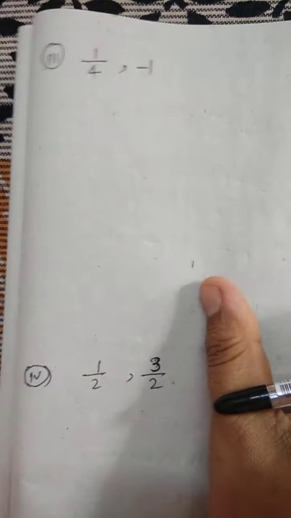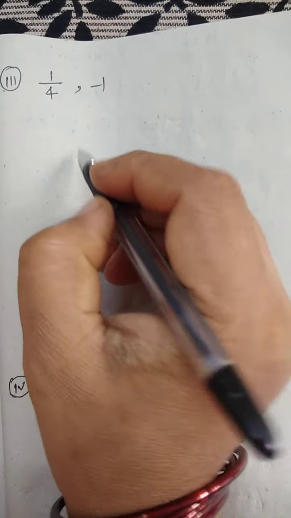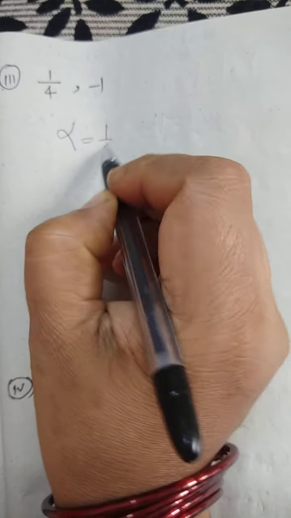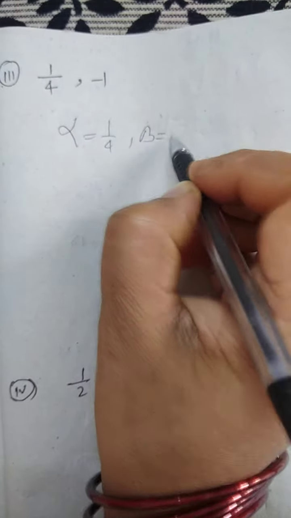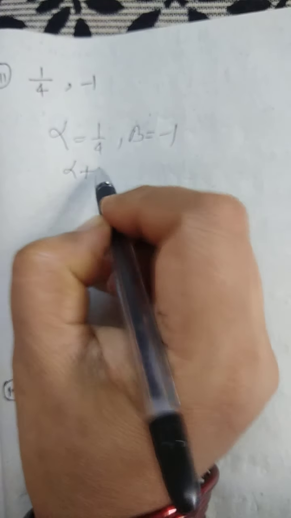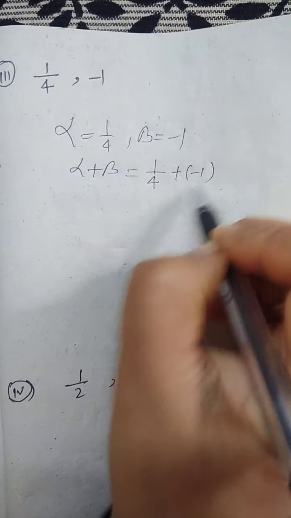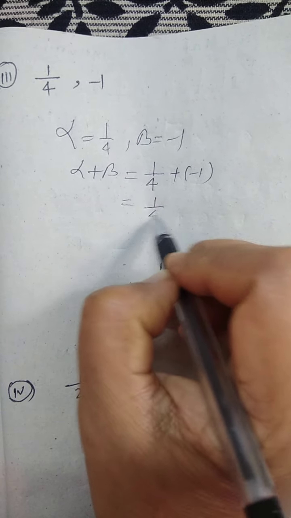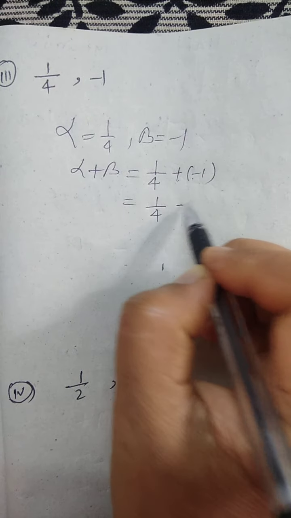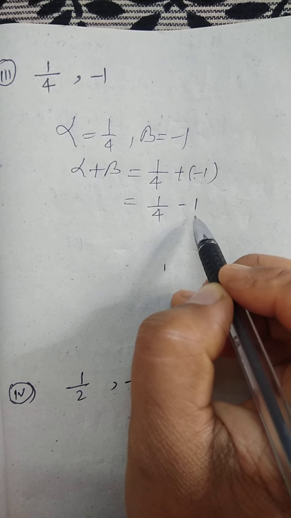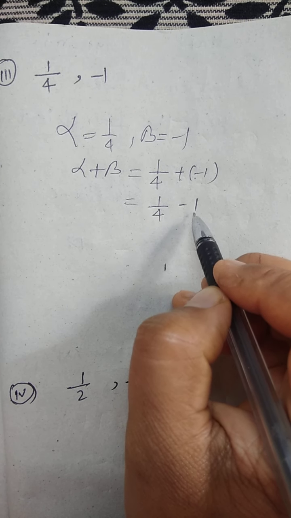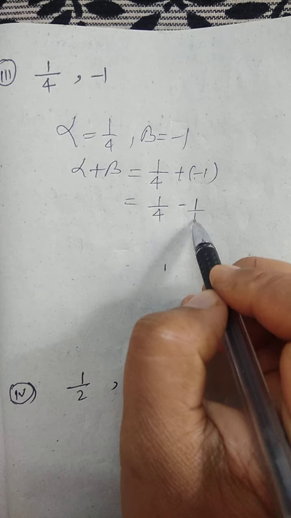Let's solve the third question. Here alpha is given as 1 by 4 and beta is given as minus 1. Find alpha plus beta. 1 by 4 plus minus 1 means 1 by 4 plus minus minus 1. Here you can see we don't have any number, so here 1 is there.